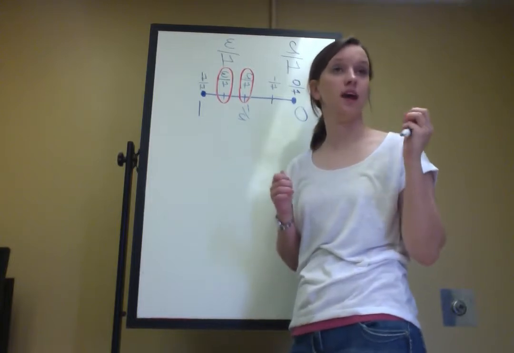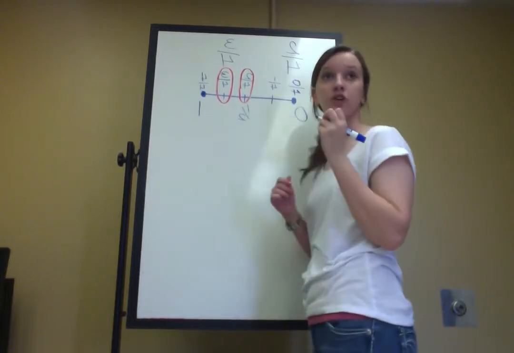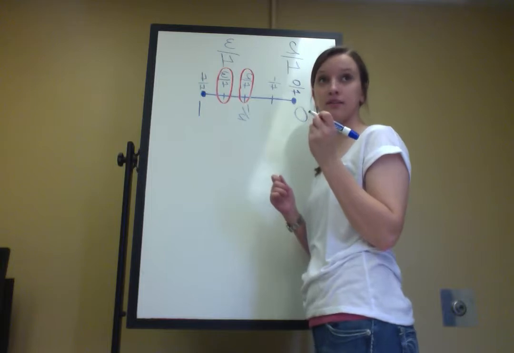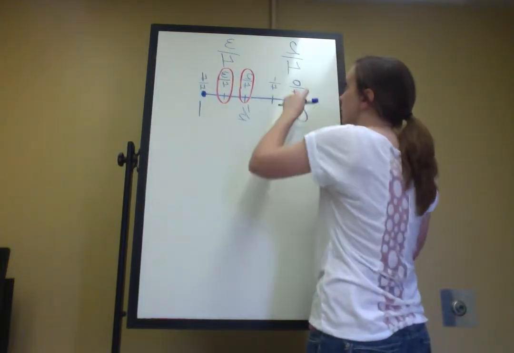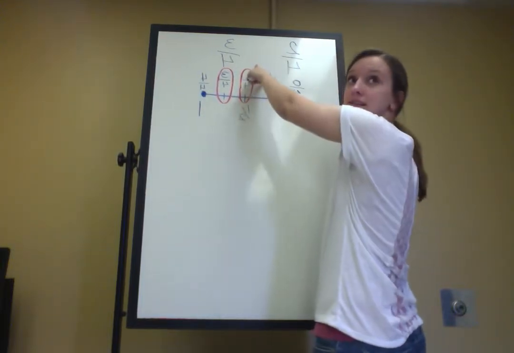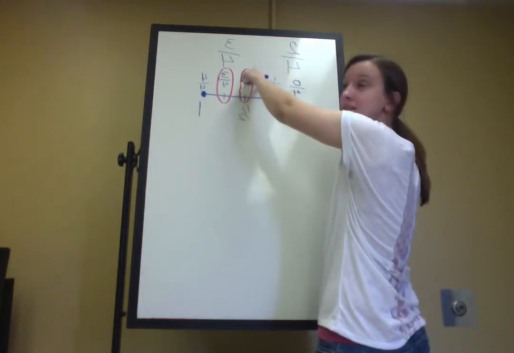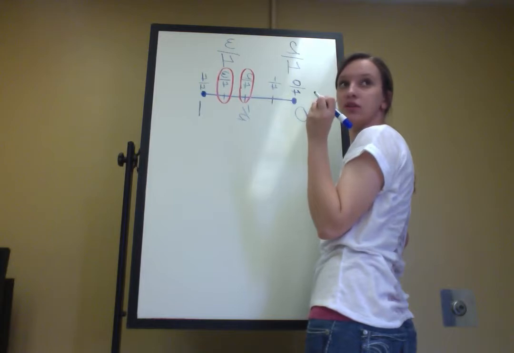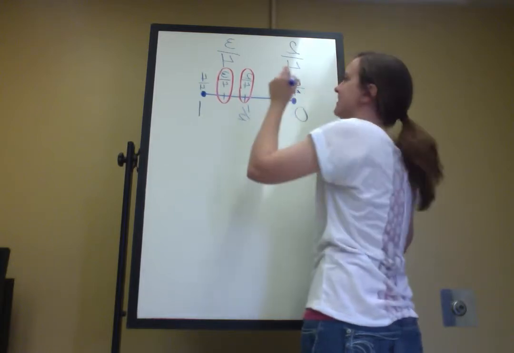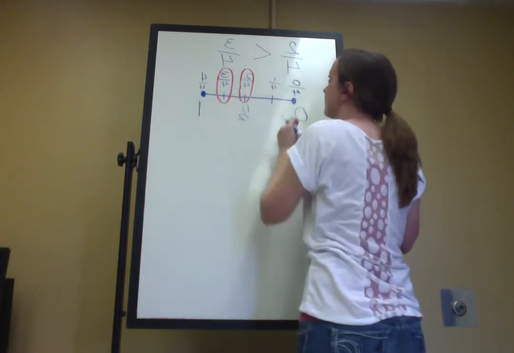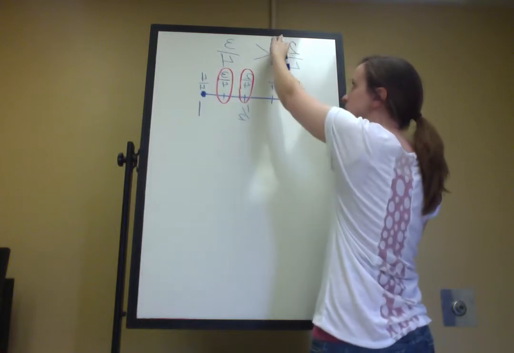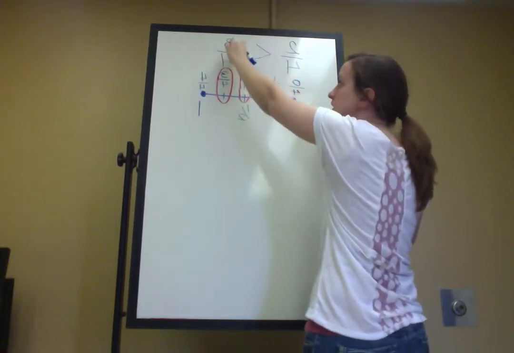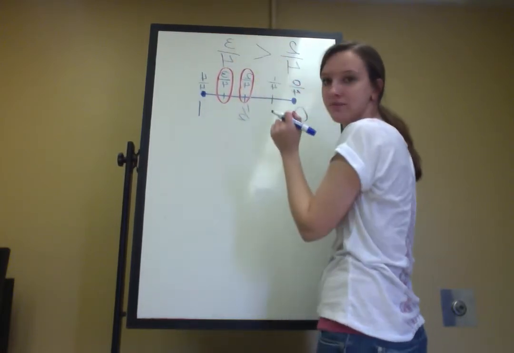Kimberly, do you want to tell me how to write the less than, greater than, or equal to statement? 2/4 is less than 3/4. So how do I write the symbol? Right, less than. Perfect. So 2/4 is smaller than 3/4, the bigger end, okay?